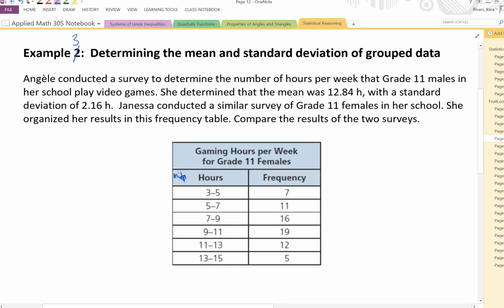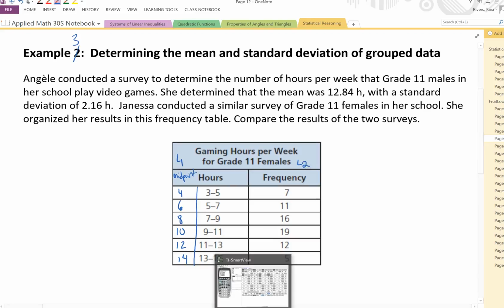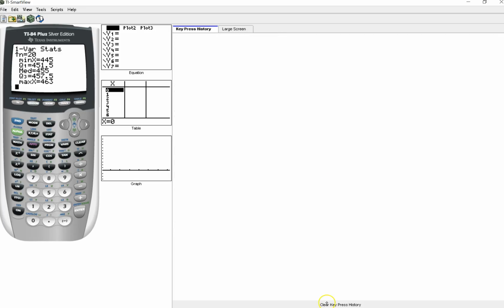I'm just going to add a little midpoint here, and let's put those in. So between 3 and 5 would be 4, 5 and 7 would be 6, and so on. You can see the midpoints for all of these. And that is what we're going to use to graph. So this is going to be my L1, and this is going to be my L2. So let's go ahead and put that data into our calculator.